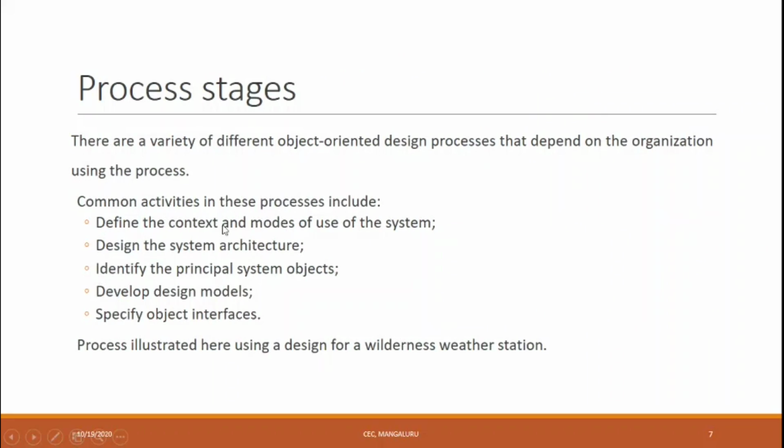One is defining the context and modes of use of the system, designing the system architecture, identifying the principal system objects, developing design models, and specifying the object interfaces. So these are the steps.